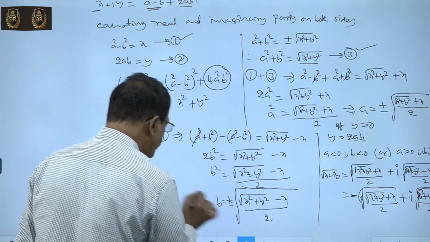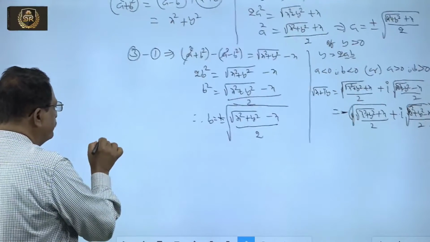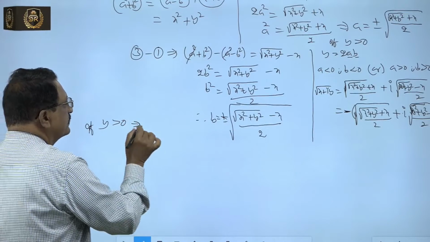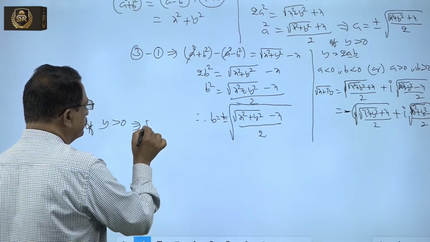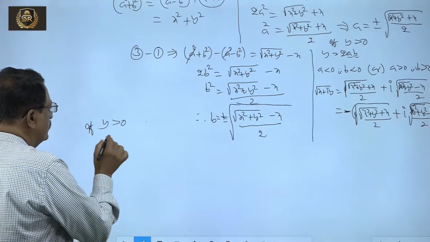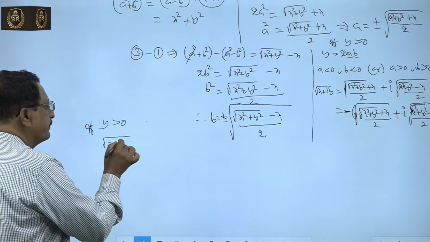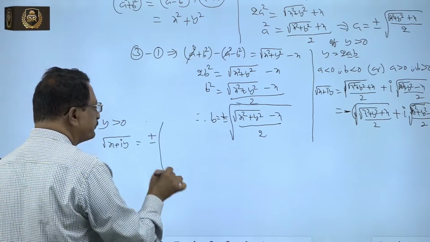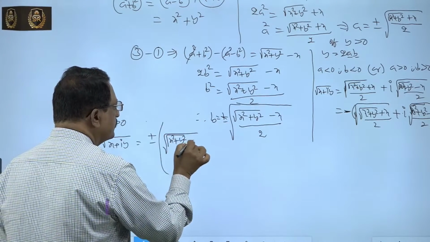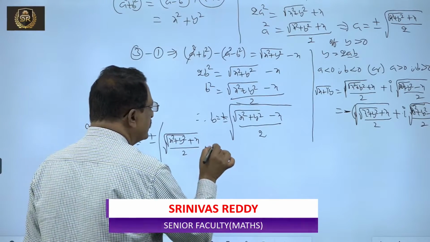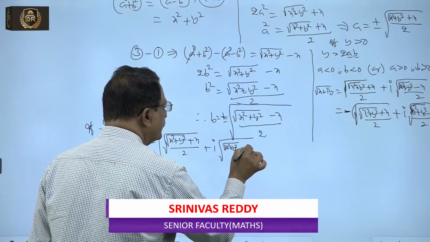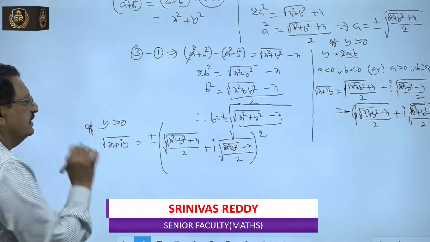So if y greater than 0, this implies the square root of x plus iy equals plus or minus of the square root of the square root of x square plus y square plus x by 2, plus i into the square root of the square root of x square plus y square minus x by 2, if y greater than 0.